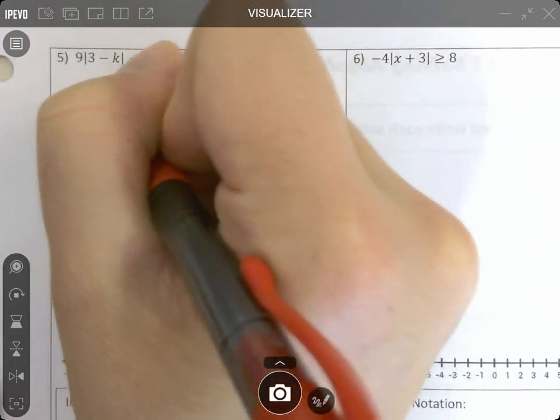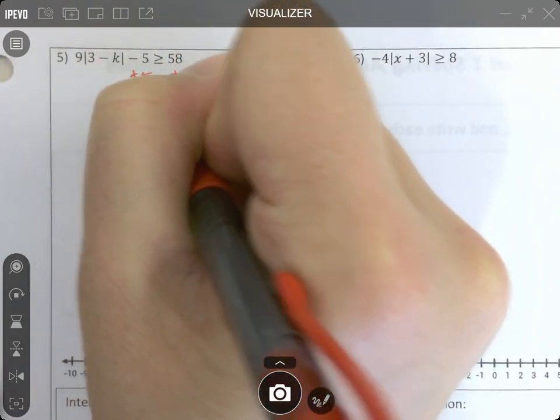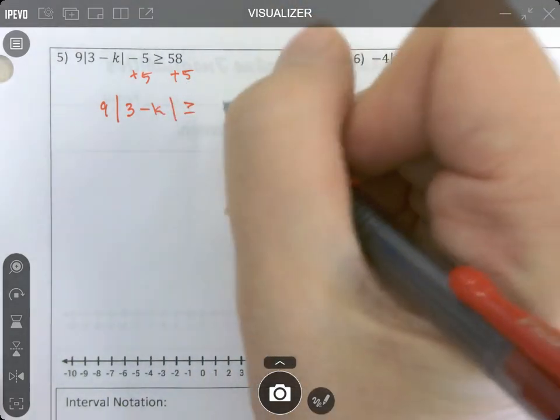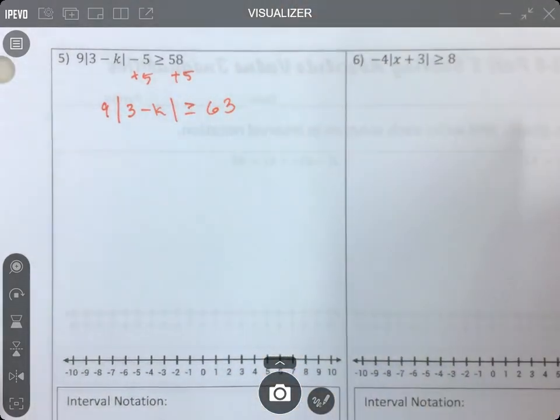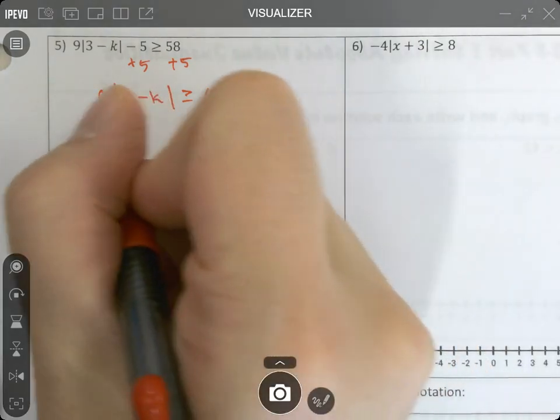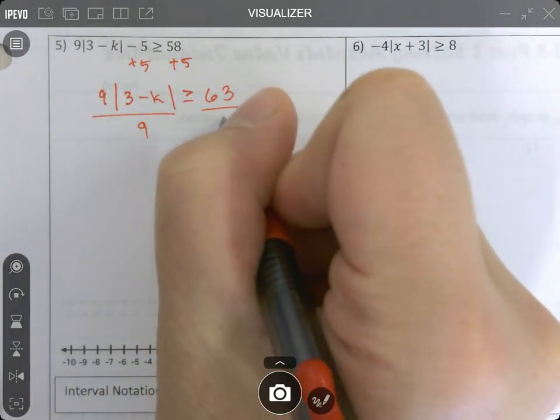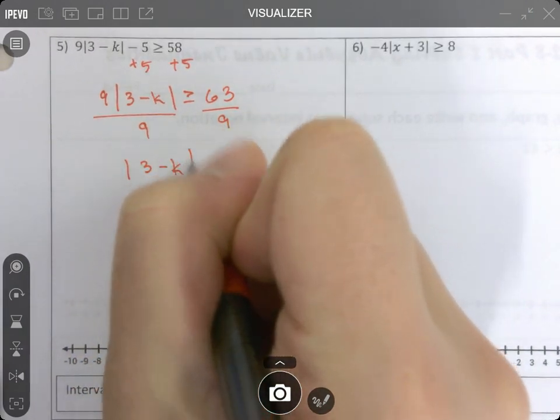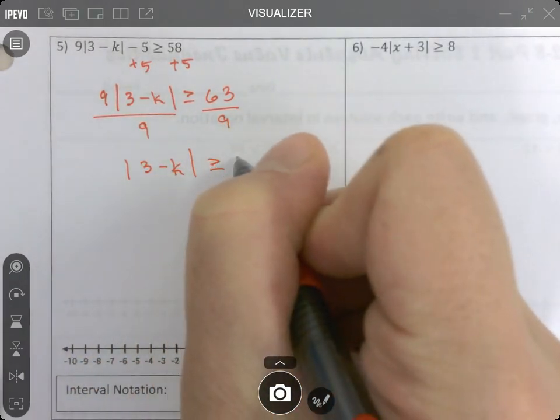So I have 9 times the absolute value of 3 minus k is greater than or equal to what? 63? All right, I still haven't isolated the absolute value yet, so I'm going to divide both sides by 9. And I've got 3 minus k is greater than or equal to 7.